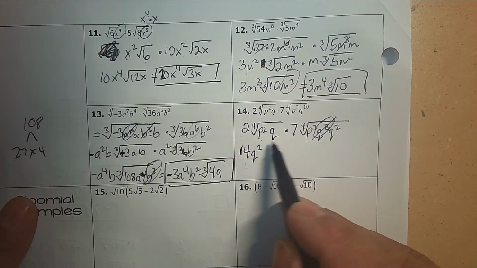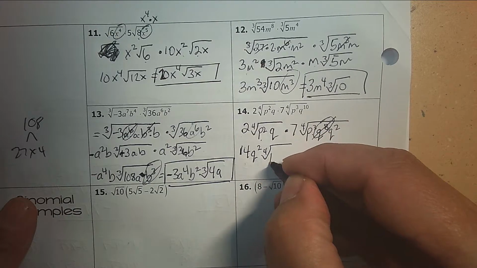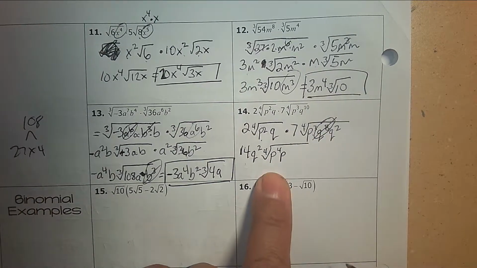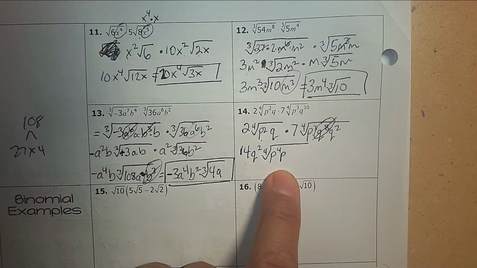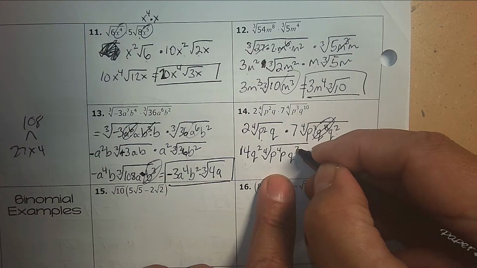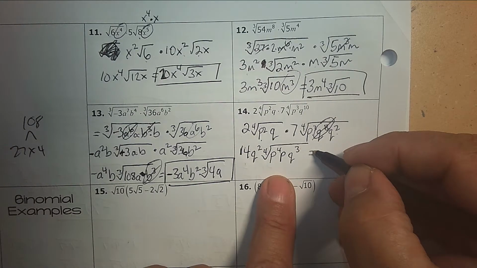P squared times p to the 3 is p to the 5, but I'm going to write p to the 5 right away as p to the 4 times p. Q and q squared is q cubed. That's smaller than 4, so it stays the way it is.